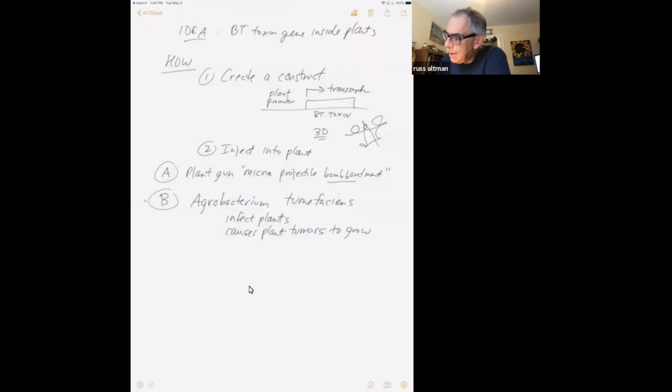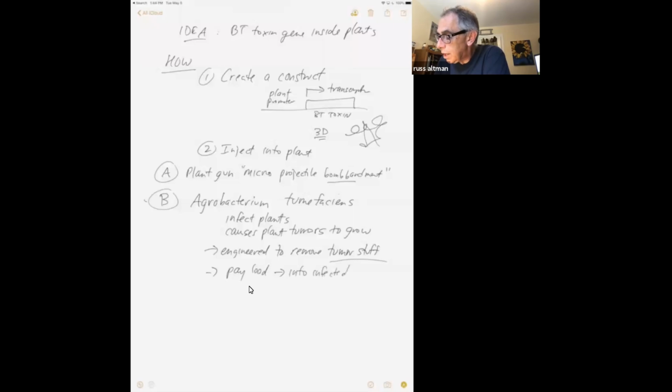But the point is, because they know how to infect plants, molecular biologists figured out how to use agrobacterium as a vector. They engineered it to remove the tumor stuff, and they allowed it to carry a payload instead into infected plants.